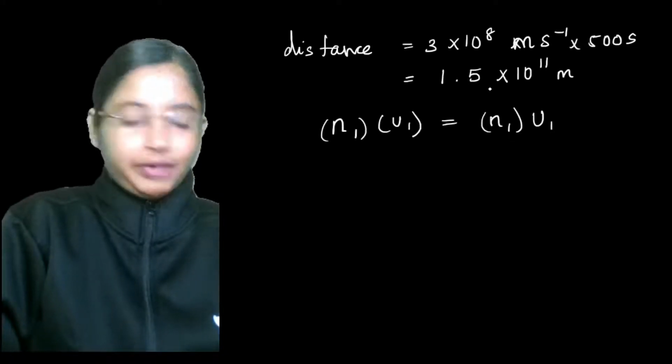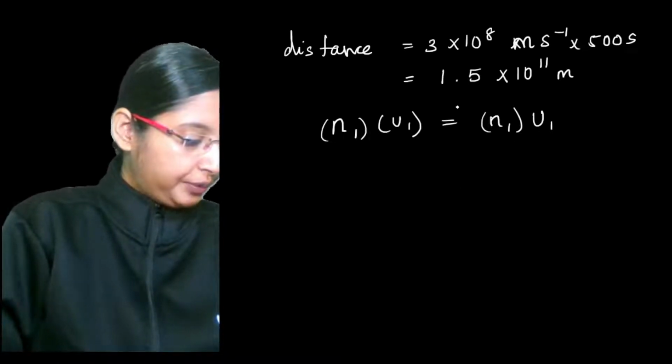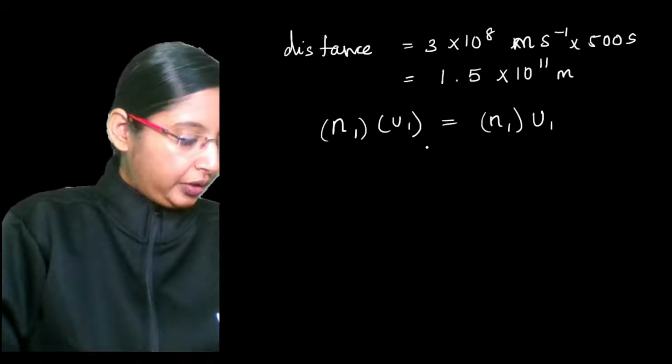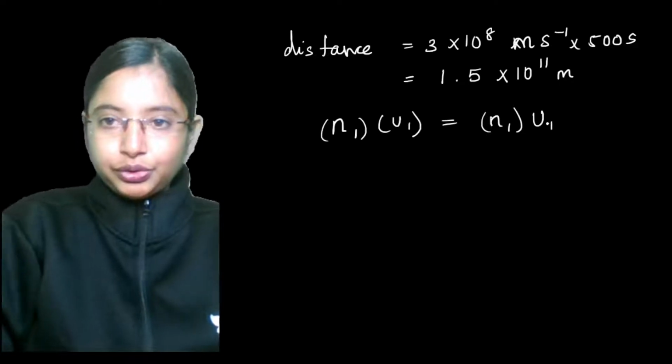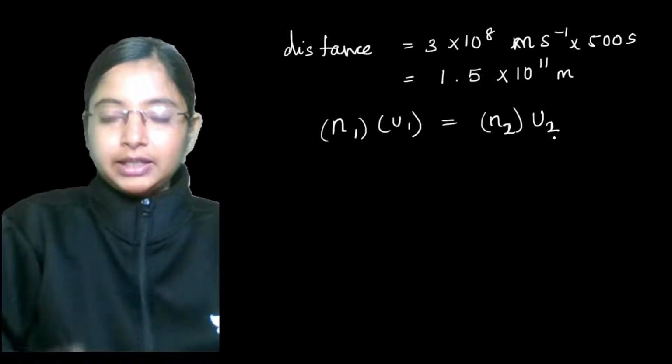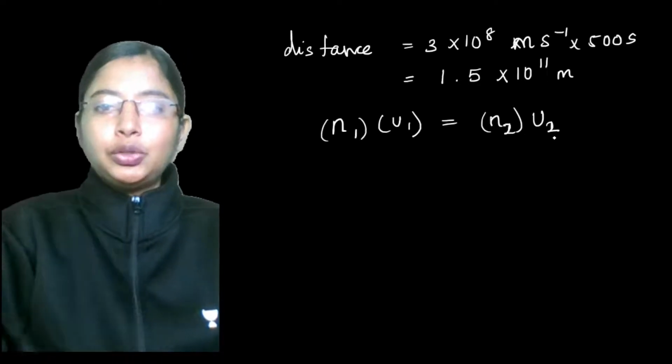This is the numerical value in SI units. N1 and N2 are the numerical values, and U1 and U2 give the units.